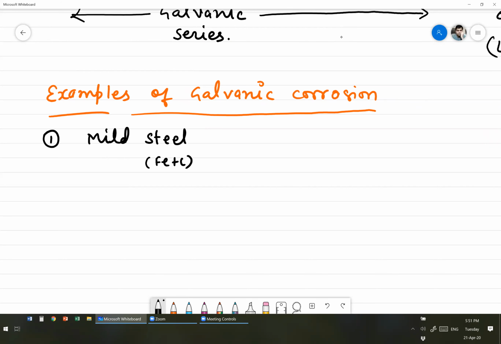When there is a low percentage of carbon, it is called mild steel. So when a mild steel nut is placed with a brass screw, the mild steel nut gets corroded rapidly.